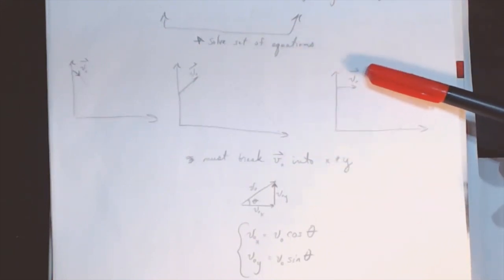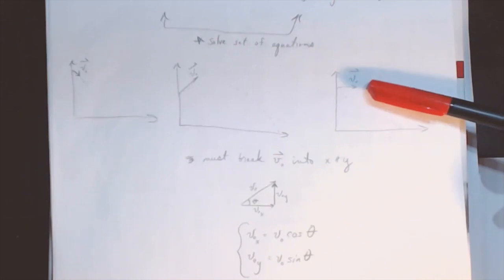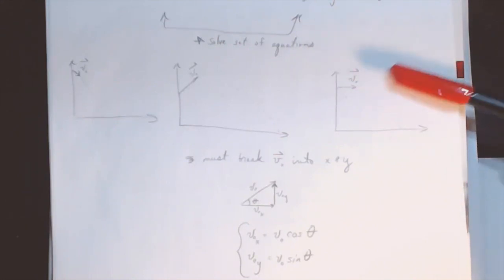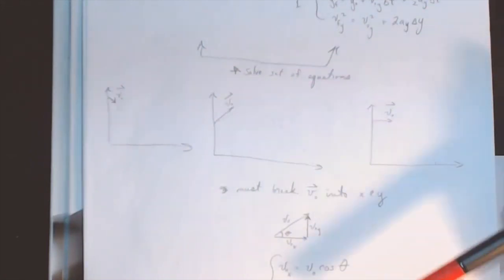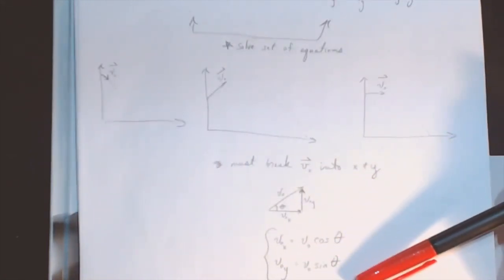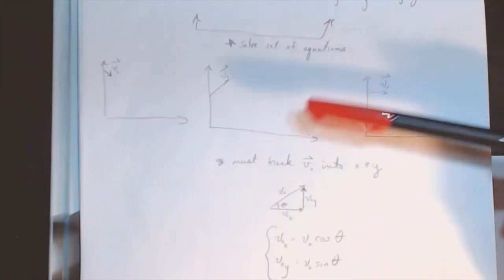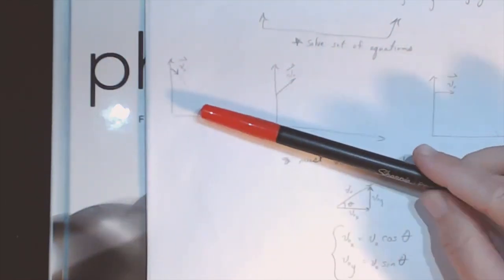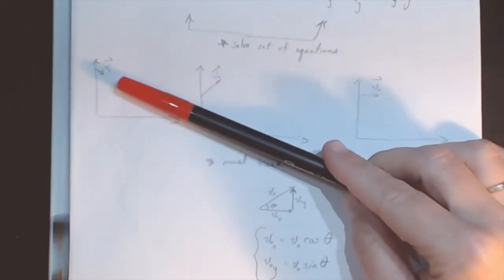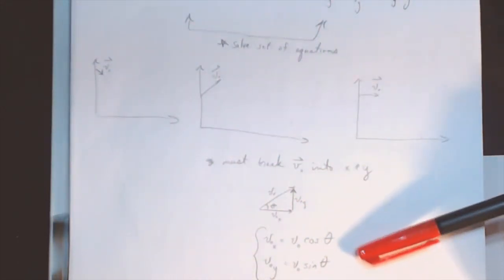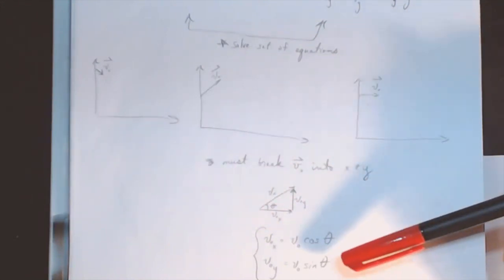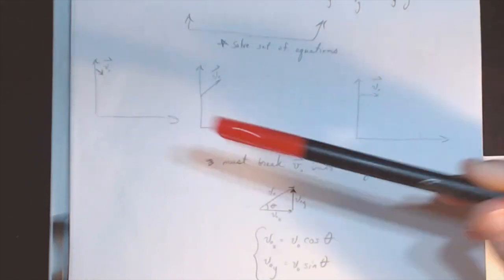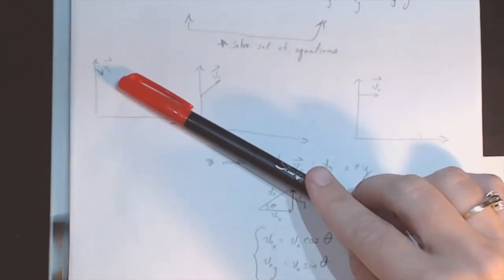So v naught x is just v naught, and v naught y is 0. In this one, you get these equations exactly as they are, giving you the x and y components here. And in this one, you get the same thing as you do here, except in the y direction, be sure to make it negative if it's going downward initially.